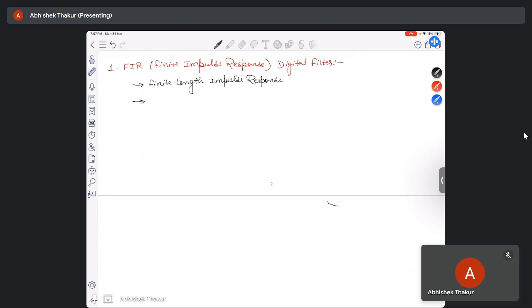The second is that they are always bounded input, bounded output stable. And also they can realize the desired magnitude response with an exactly linear phase response.